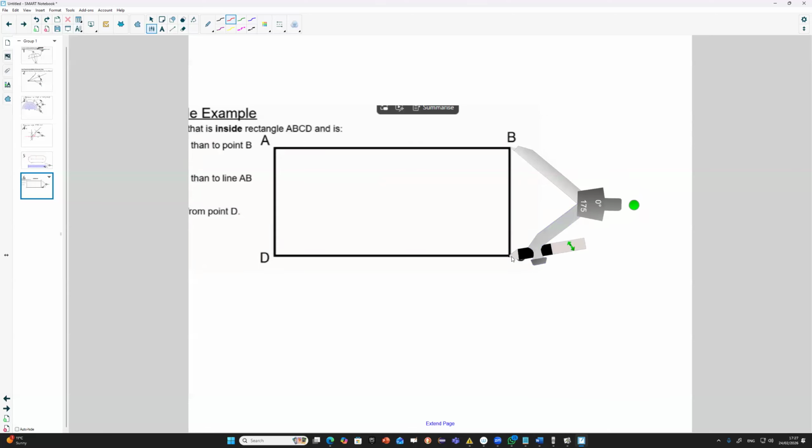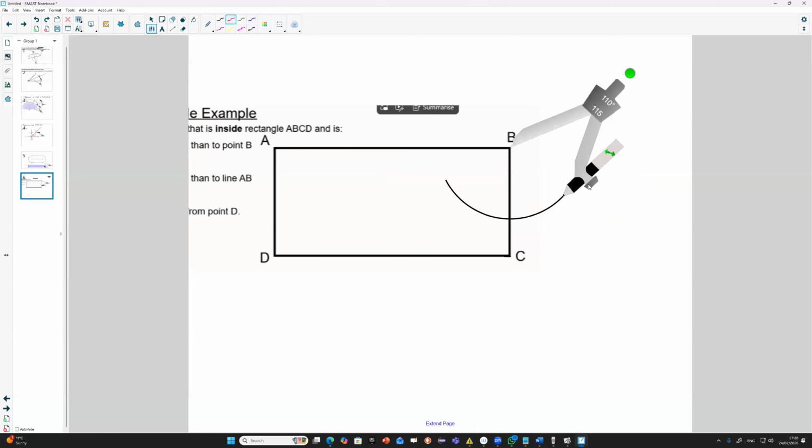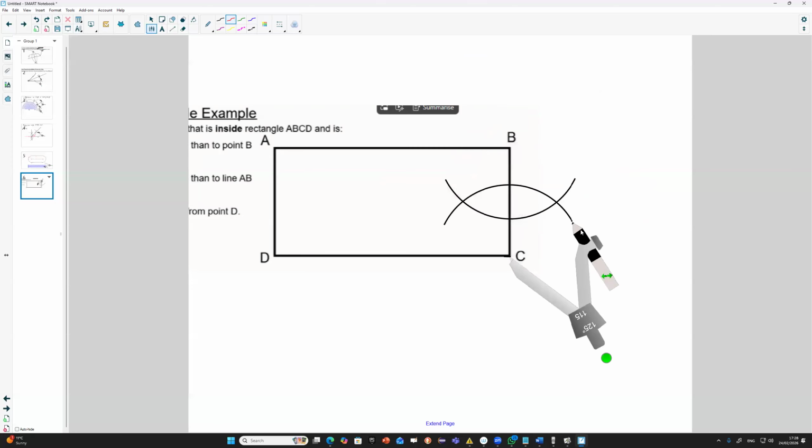Actually, if we want the bisector, we open up to more than halfway. Something like that. Draw an arc. Then we leave it at the same amount of open, put the compass point onto C, and draw another arc. Up there.